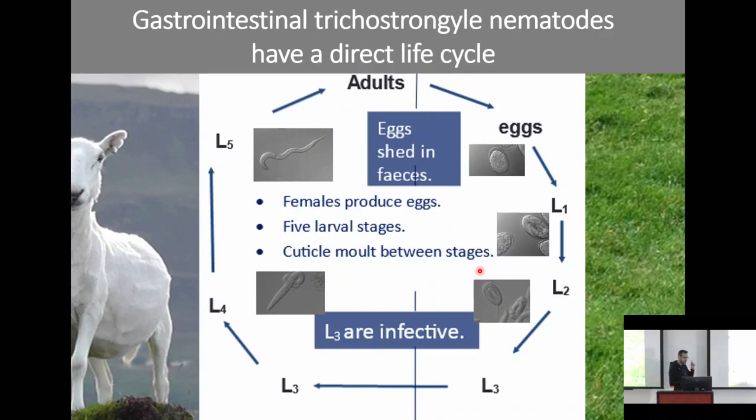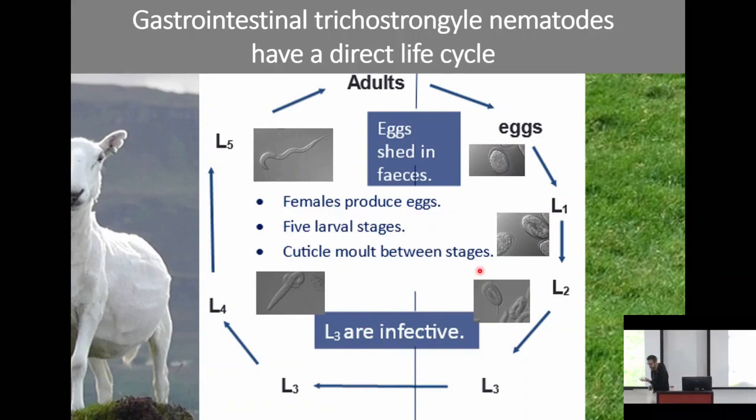This L3 stage larva has a very strong outer cuticle that can protect the larva from the environment. Once the goat or ruminant grazes here, they will take the L3 stage larvae from the pasture, and then the L3 larvae go to the predilection site.